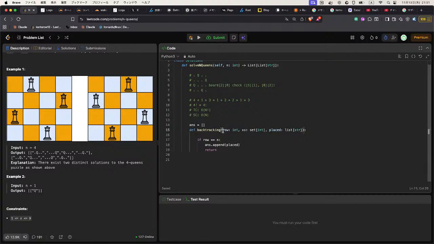Otherwise we are going to place the queen on the row, specify the row. We have to check all of the columns. It would be range n.